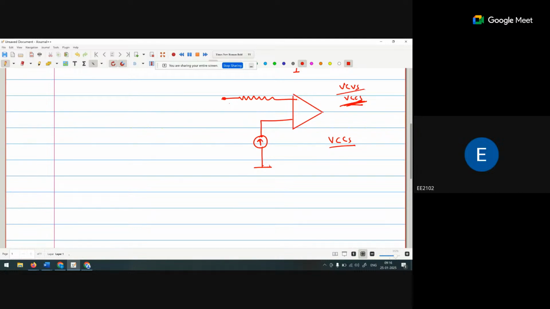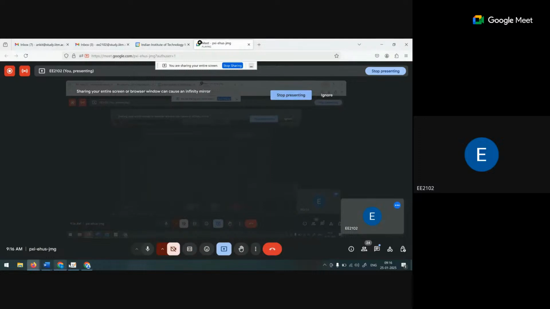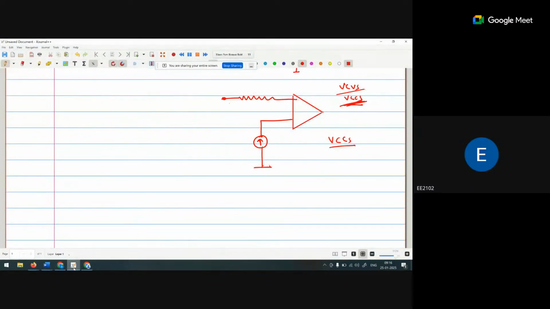So I think in the last class, the last topic remaining was the multi-stage amplifier.